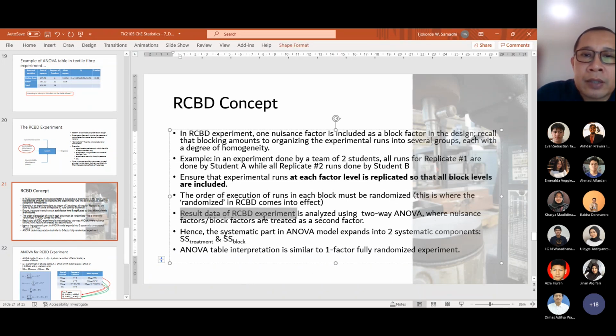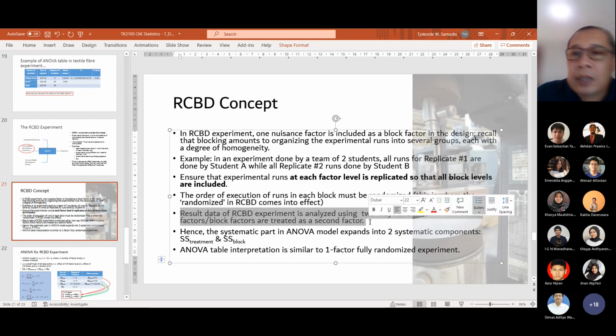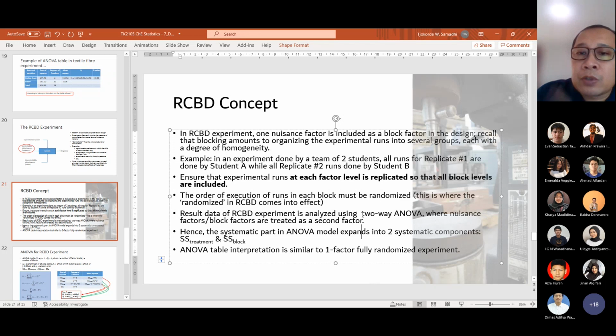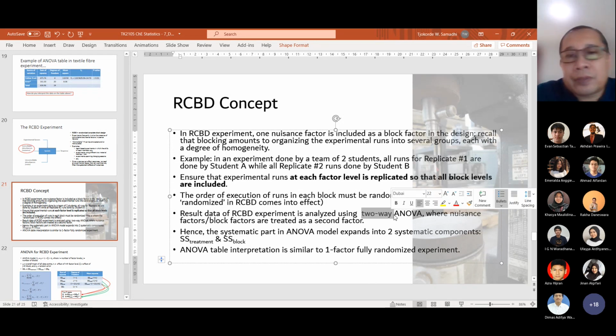Result data of an RCBD experiment will be analyzed using a two-way ANOVA. The reason why we use two-way ANOVA is that now we have two systematic factors. One is the experimental factor itself, and the second one is the block factor, which is systematically designed into the experiment.